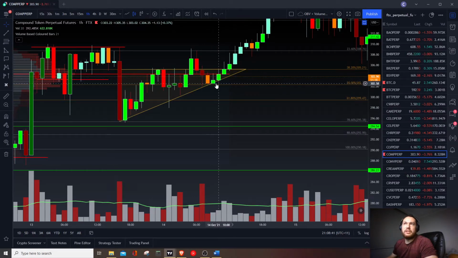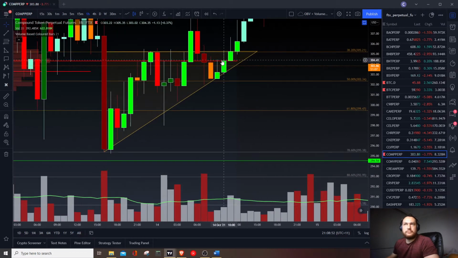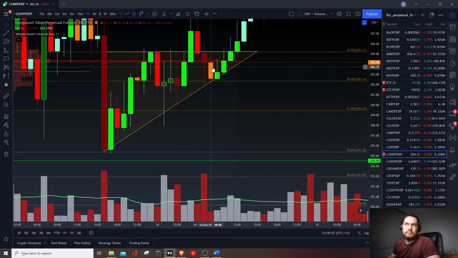I think it's three inside up, but this is a bullish structure and a bullish candle pattern. So you want that bearish candle here, then a bullish candle like that, and then another bullish candle like this, and you want it to close above the bearish candle.